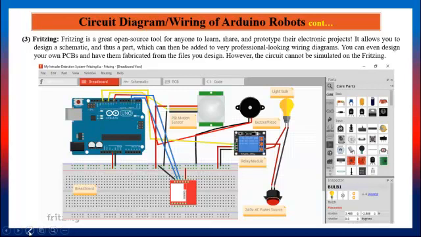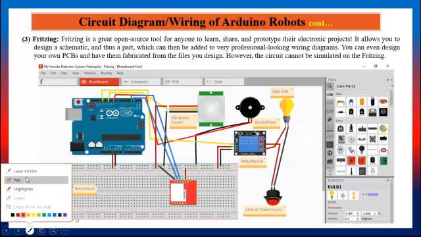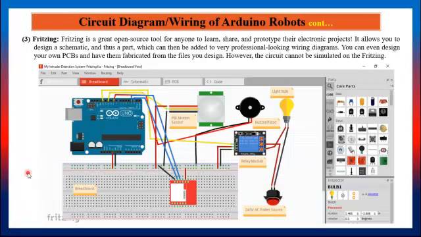However, I have one project here, a simple design I made for an intruder detection system. From this simple circuit diagram, you can see it's designed using the Fritzing software.